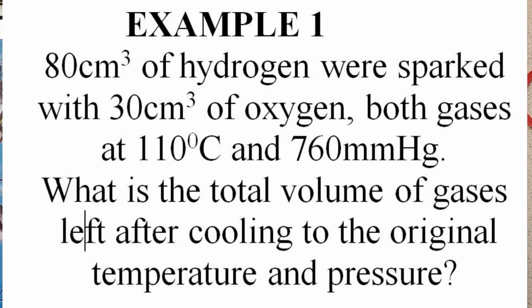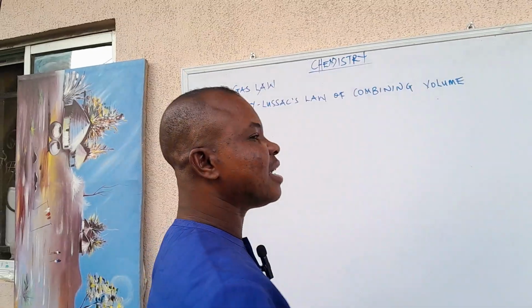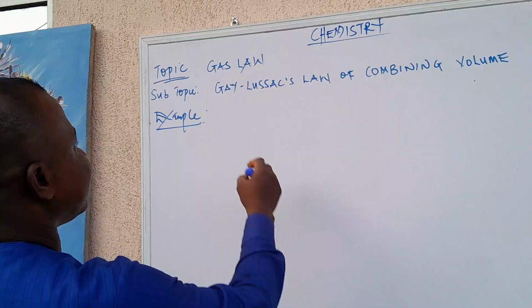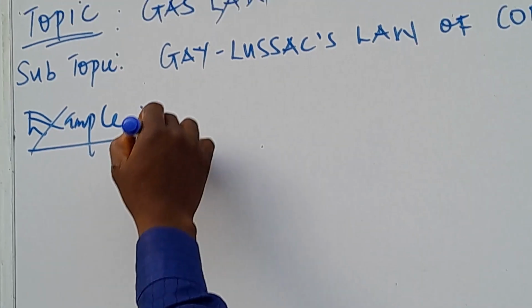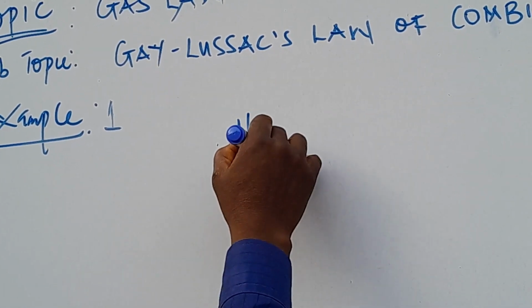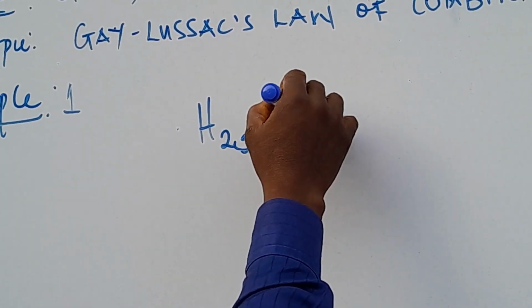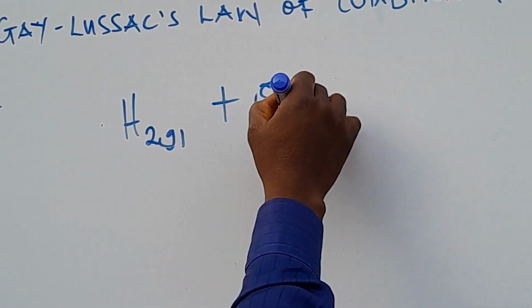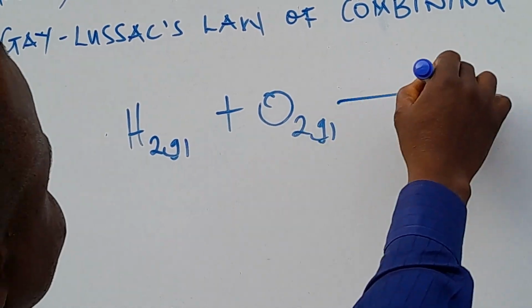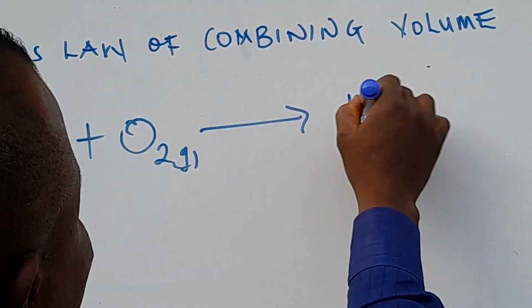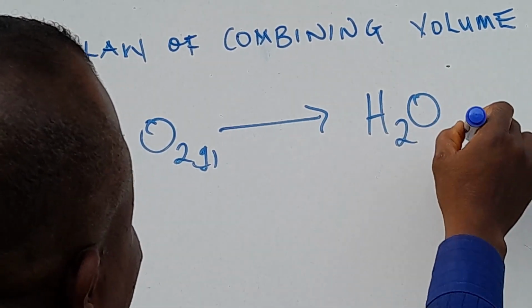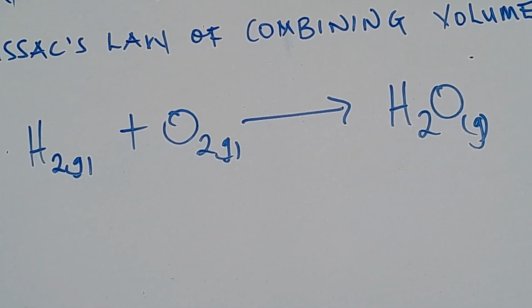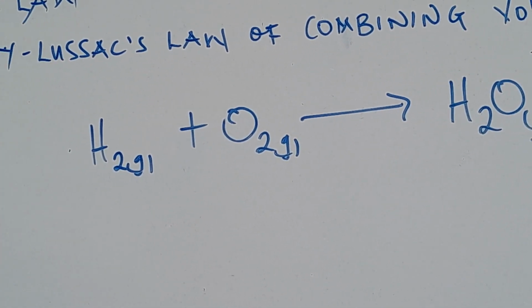The first thing to do here is to write the balanced chemical equation. For example one, we are given hydrogen gas reacting with oxygen gas to yield water, also in gaseous state. So we need to balance this chemical reaction.